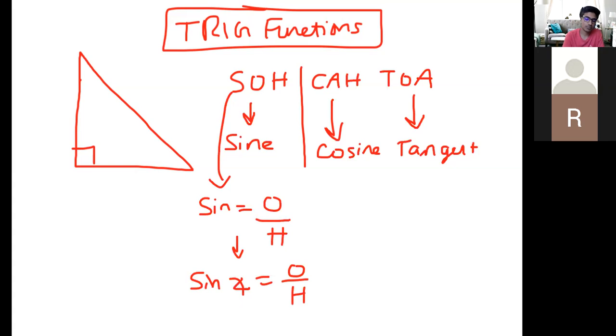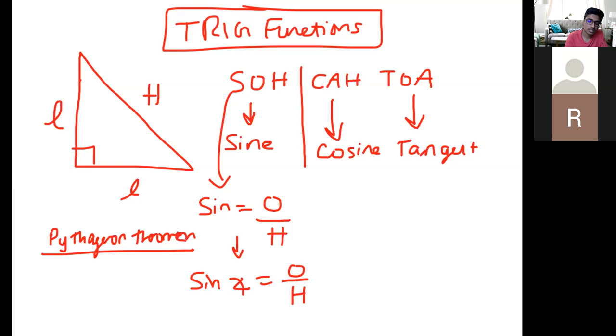Now, just to make sure that we all know what is a hypotenuse, what is a leg: the longest side in a triangle, guys, is the hypotenuse, and this bottom side and this top left side are usually referred to as the legs.